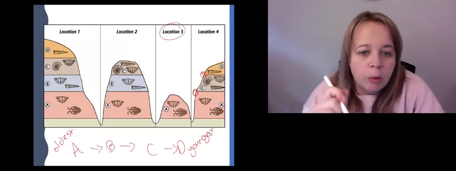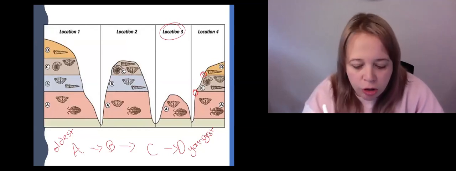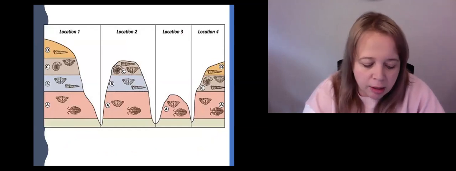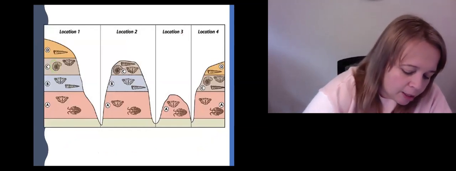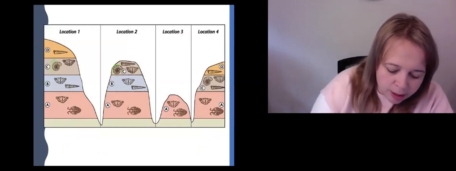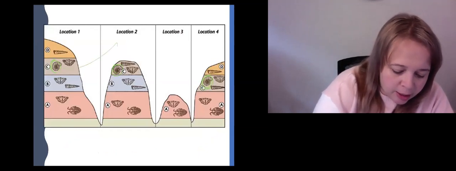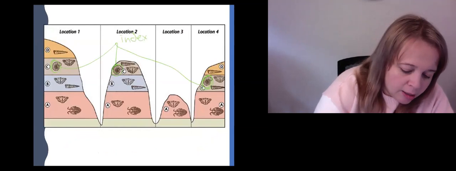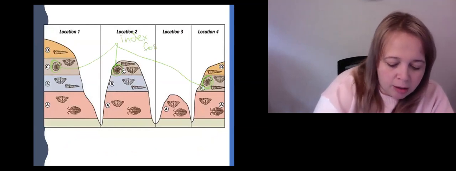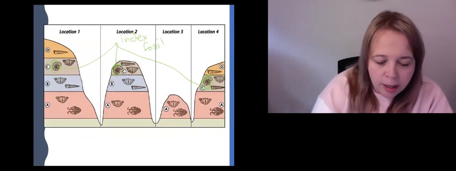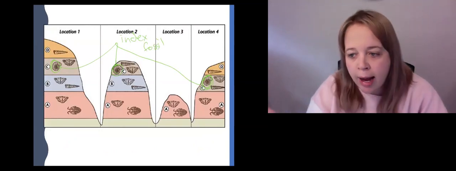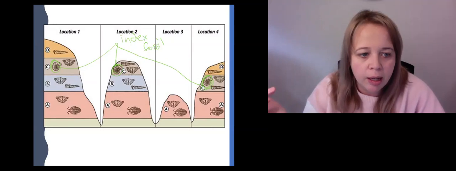But now we can show you what I mean by index fossils. An index fossil in this case might be this guy here. You can see that he only exists in this layer, and as a result, he exists over a wide geographic area.